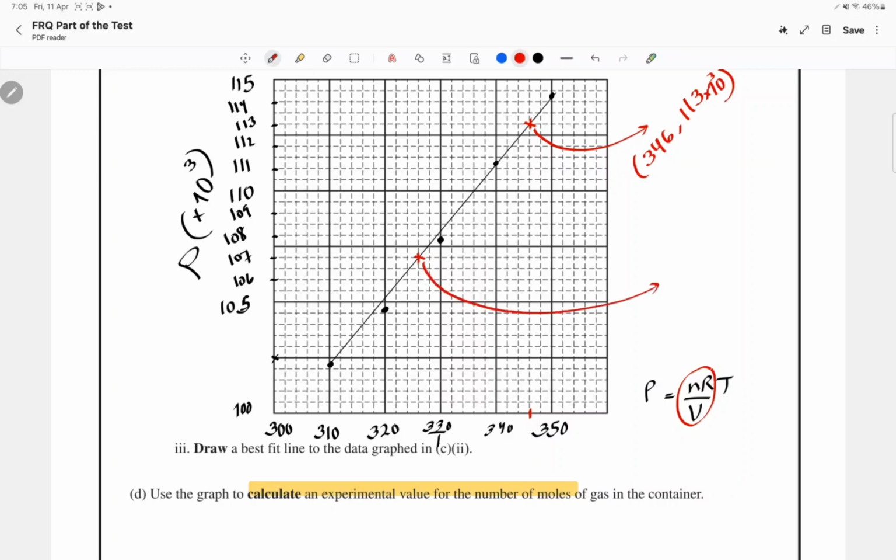And that other point is going to be 326, with 107 times 10 to the power of 3. Let's find the slope. So 113 times 10 to the power of 3 minus 107 times 10 to the power of 3, over 346 minus 326. Let's find out what that is.